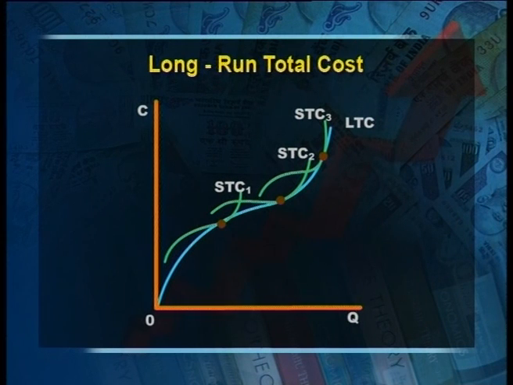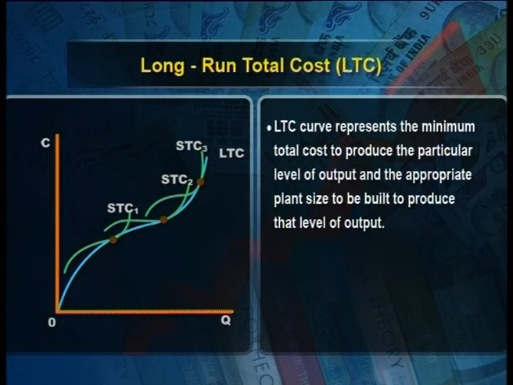Recall that there are no fixed costs in the long run. Another important thing when you look at the shape of the LTC curve is that it reflects the operation of law of returns to scale. Another important thing about LTC is it represents minimum total cost to produce the particular level of output and the appropriate plant size to be built to produce that level of output.